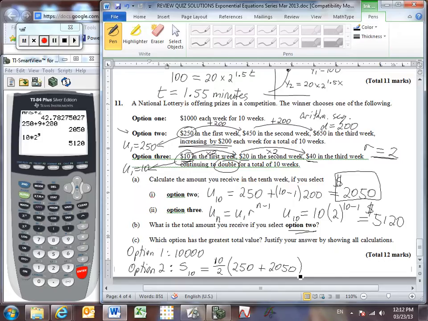You could also use the other formula because you do know what d is, and if you know what d is, using the other formula is fine. But if you know your last term already of the 10 that we're adding, why not use the simpler formula?